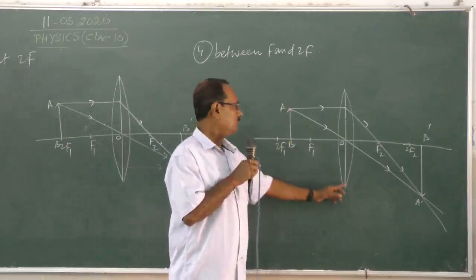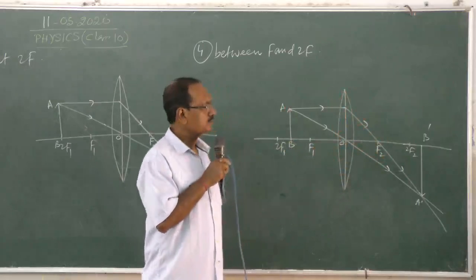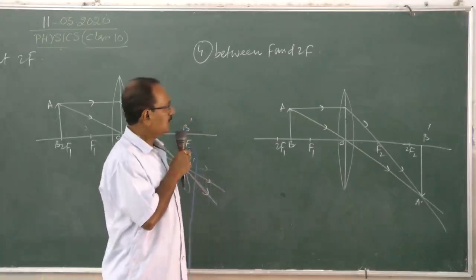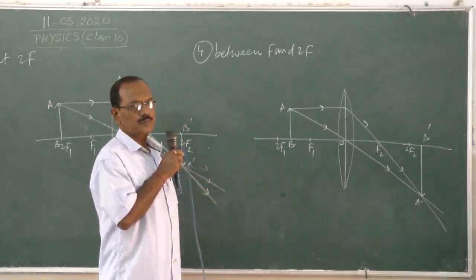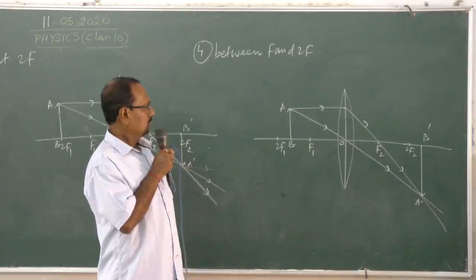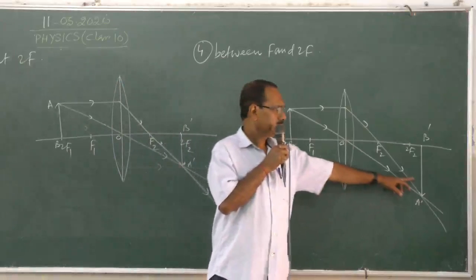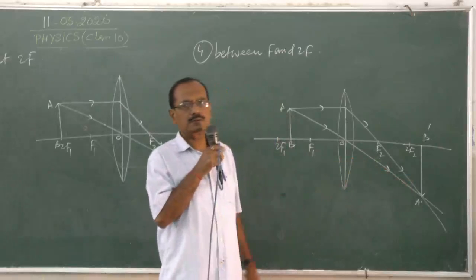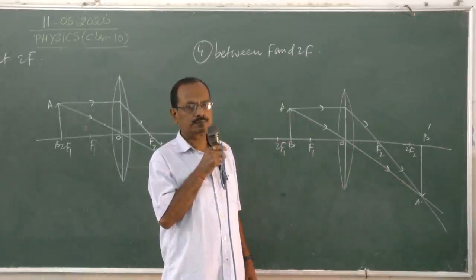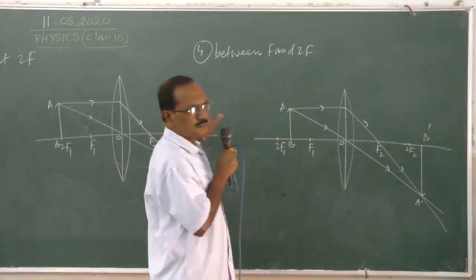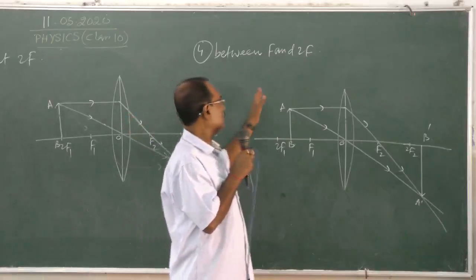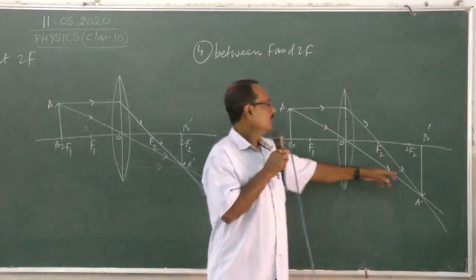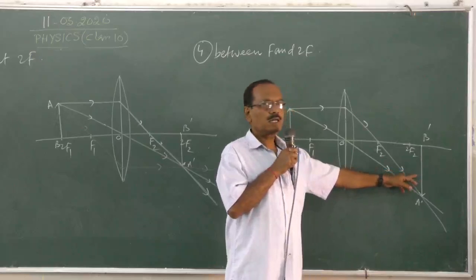The third ray you may also draw the same way. Now, what are the characteristics of the image? First, the image is real. Second, inverted. These two are common for all cases we have seen up to this. And here what happened?